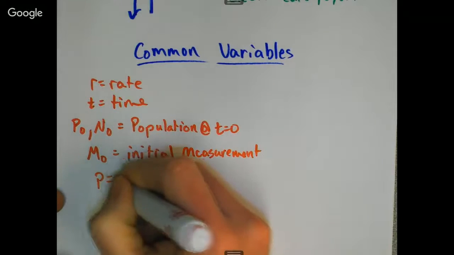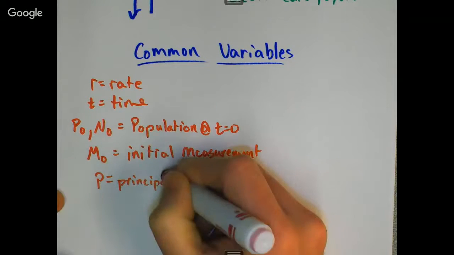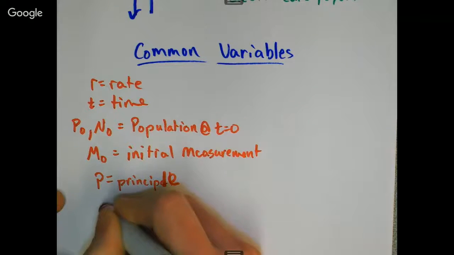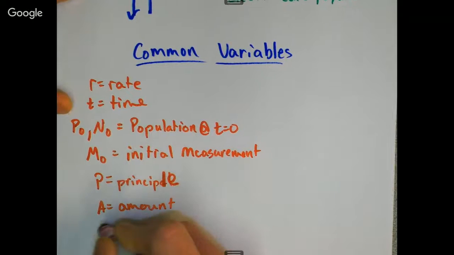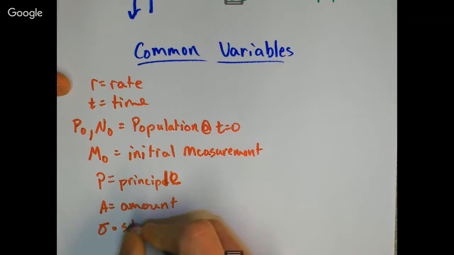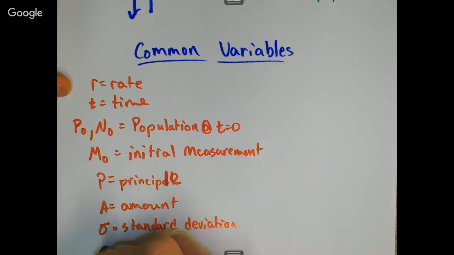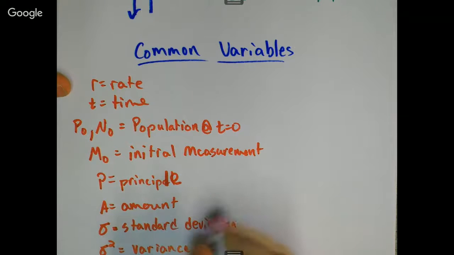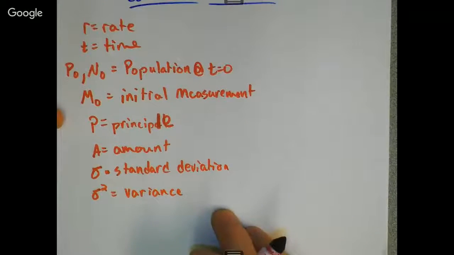P is principal. We have A, which is amount. We have sigma, which is a lowercase Greek letter for standard deviation. We have sigma squared, which is your variance, which are measurements of how spread out data is.